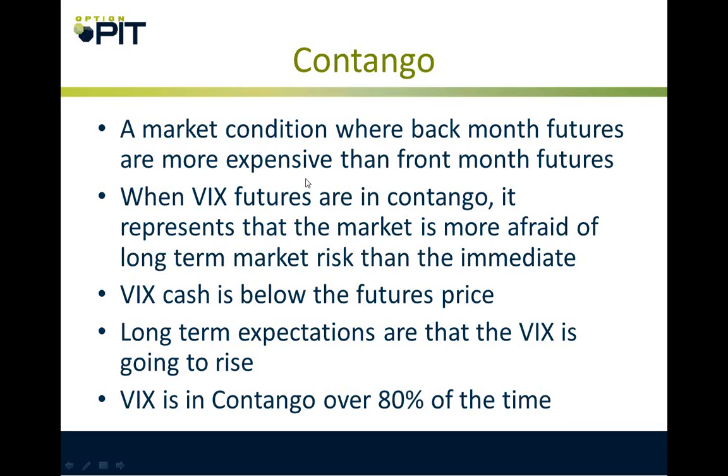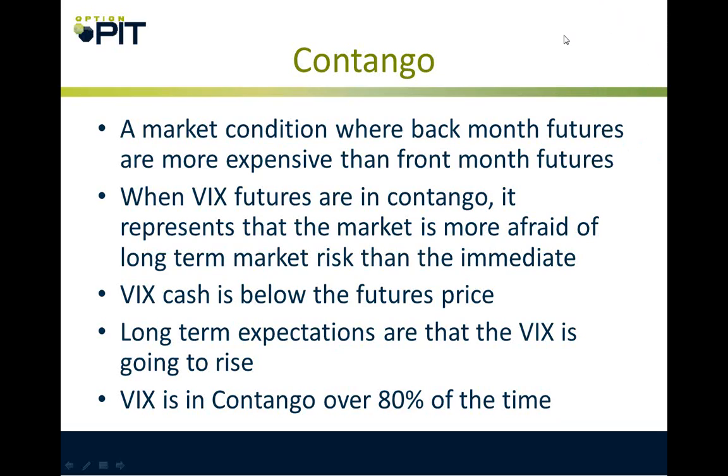Contango is a market condition where back month futures are more expensive than front month futures. When VIX futures are in contango, it represents that the market is more afraid of long-term market risk than immediate market risk. VIX cash is below the futures price. Long-term expectations are that the VIX is going to rise.